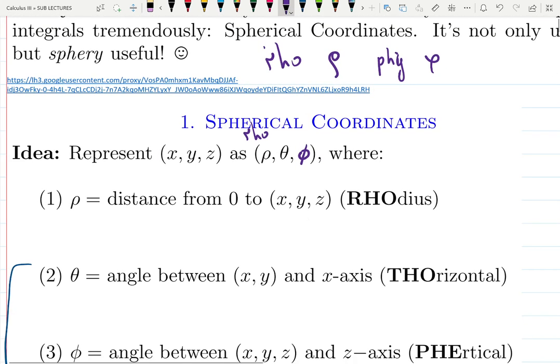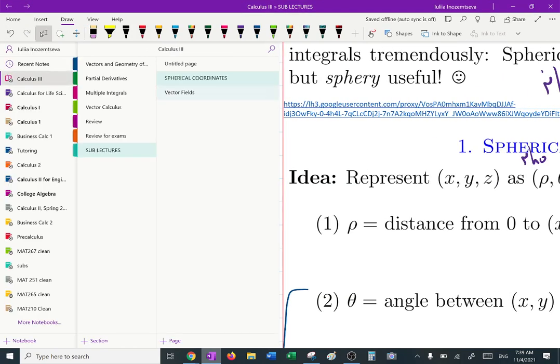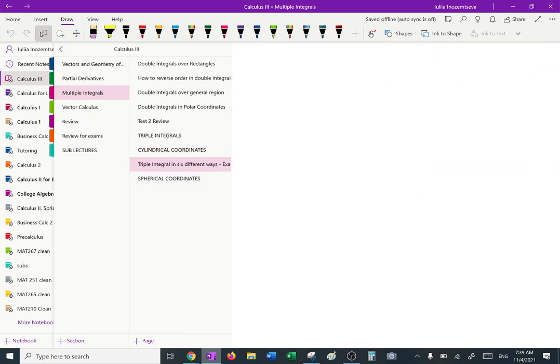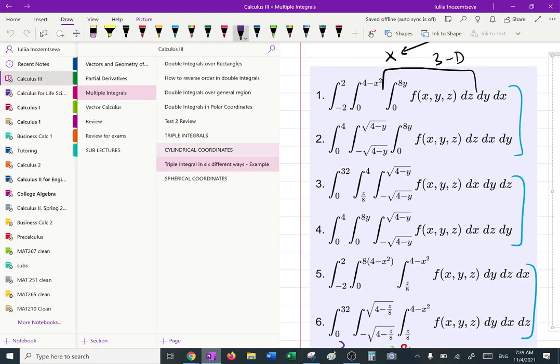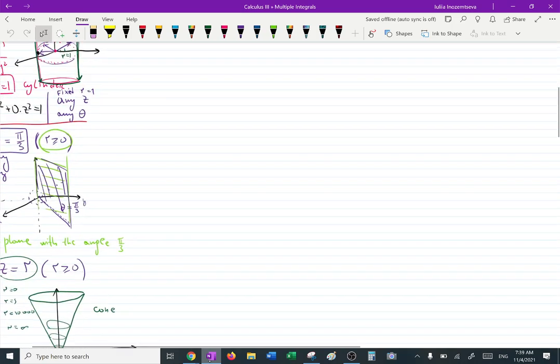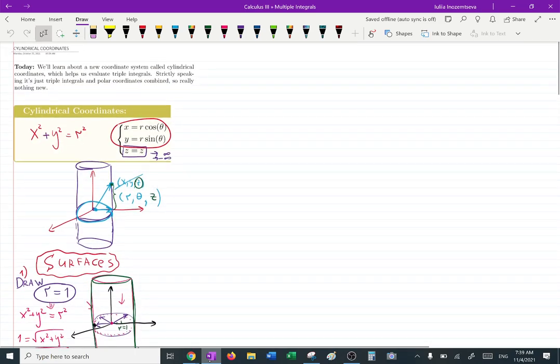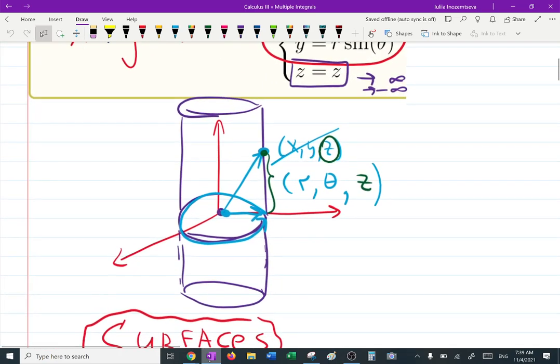In cylindrical coordinates, we were already describing rotational things which looked like cylinders. If you had something vertical going up, but it was created through rotation, we said, well, let's describe this point and look in the air through z as the height.